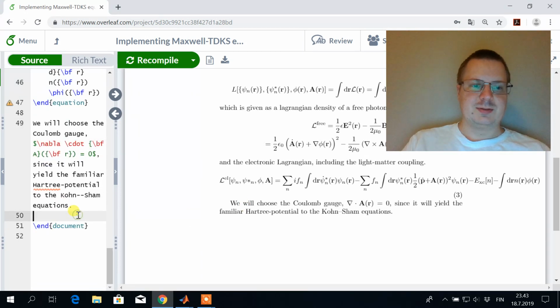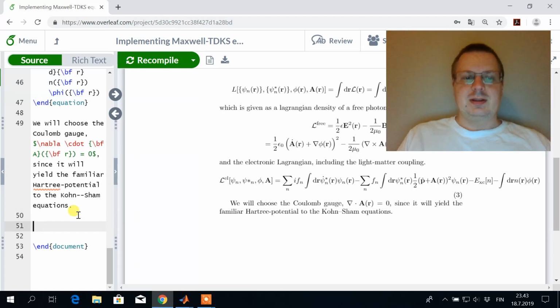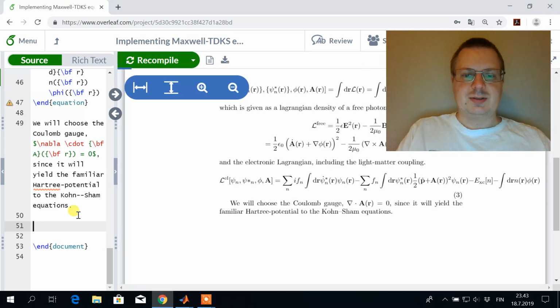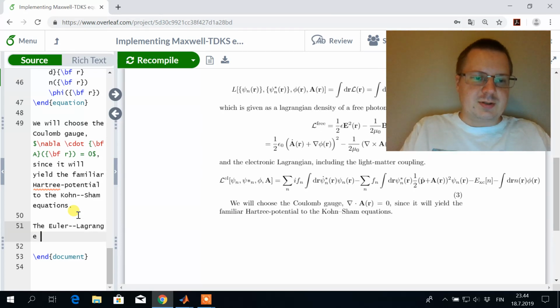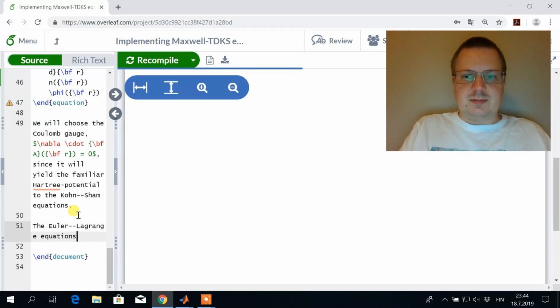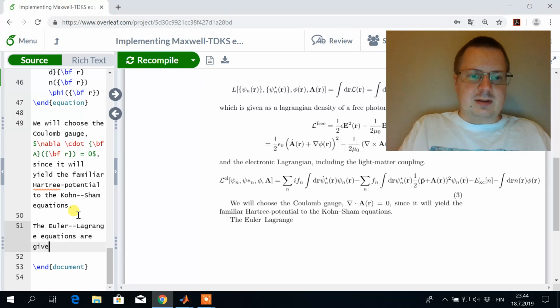So then we have to just, this will be terrible, but then we have to just define the Euler-Lagrange equations. The Euler-Lagrange equations are given as.